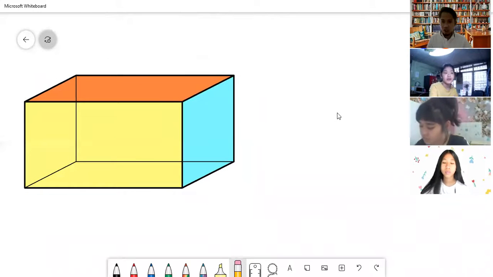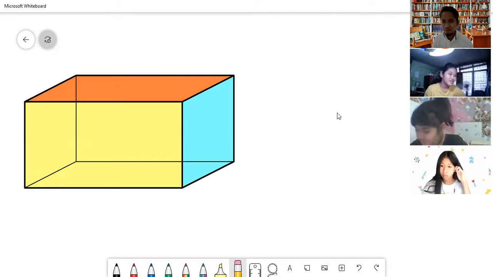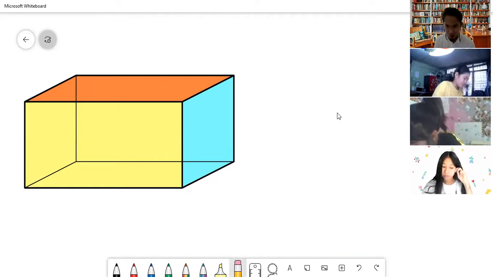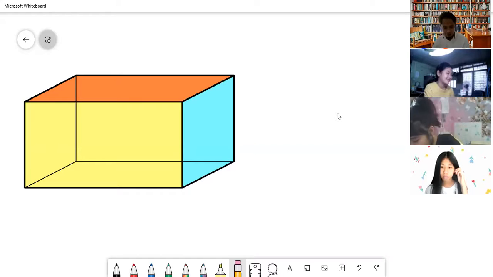The volume of the cuboid is 864 cubic centimeters. Its length is 12 centimeters and its breadth is 9 centimeters. Find the height of the cuboid.